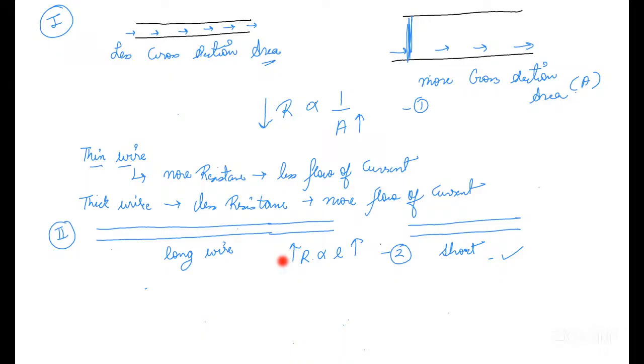So I will ask this question from Jashran. Jashran, if I increase the cross section area by double, what will it impact on resistance?